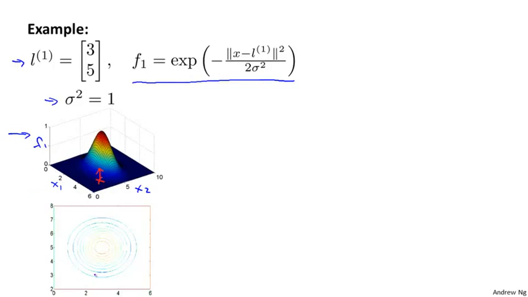And down below is the same figure shown using a contour plot, with x1 on the horizontal axis and x2 on the vertical axis, so the figure on the bottom is just a contour plot of this 3D surface.